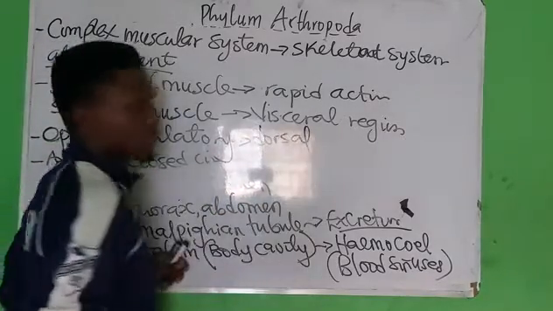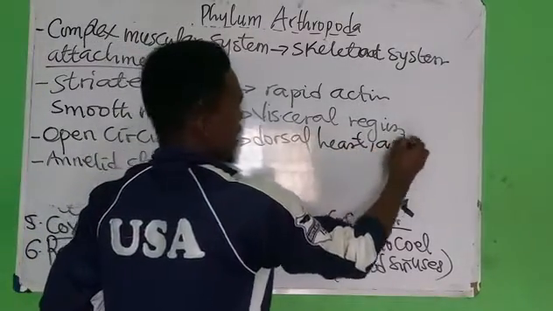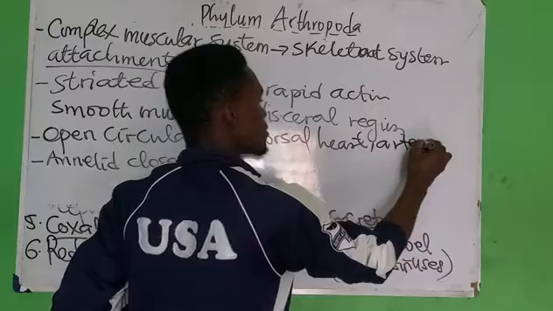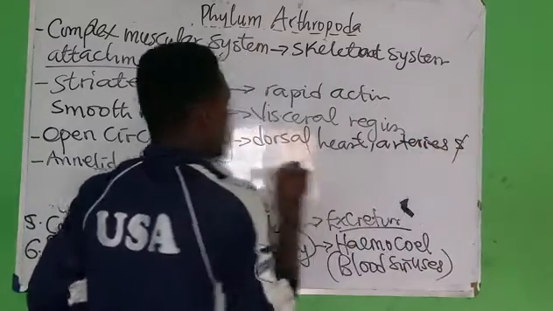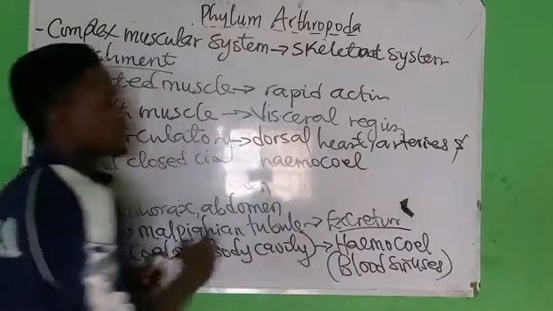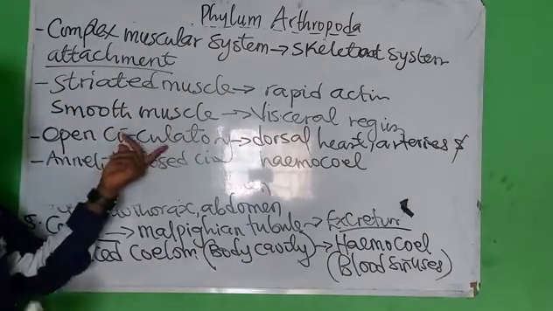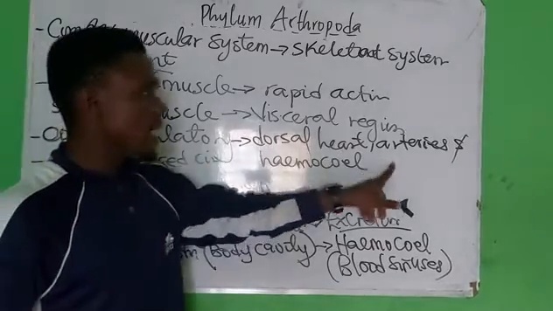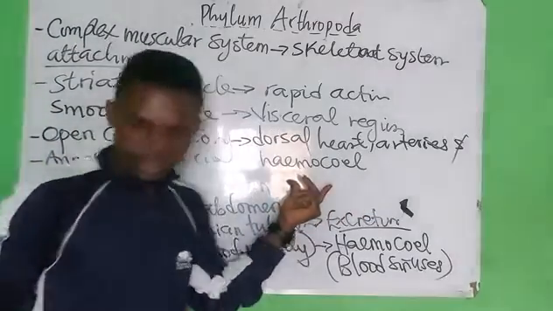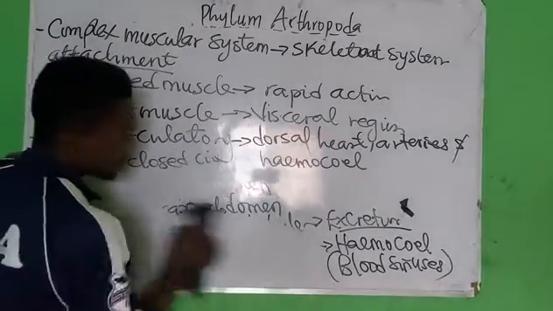Dorsal hearts, arteries, and hemocoel. They have open circulatory system that is made up of what? Dorsal hearts, arteries, and what? Hemocoel. Take note of that, it is very, very important.